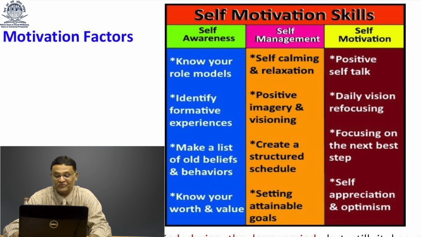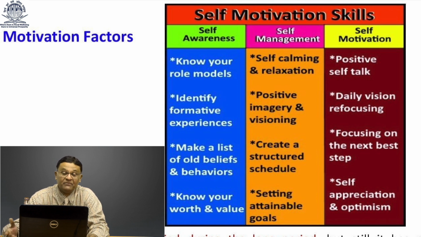Next one, self-management, self-calming and relaxation, positive imagery and visioning. Create a structured schedule, setting attainable goals. When we say setting attainable goals, most of you are aware about a goal setting process which we call as SMART. All your goals should be SMART. Most of you are aware of it.